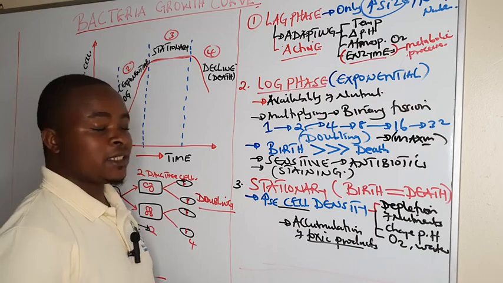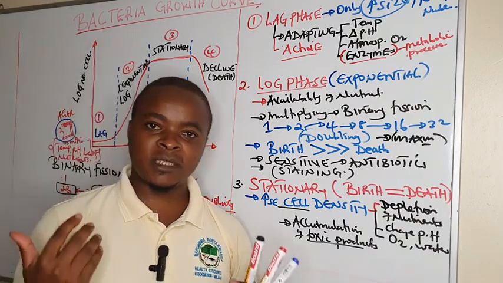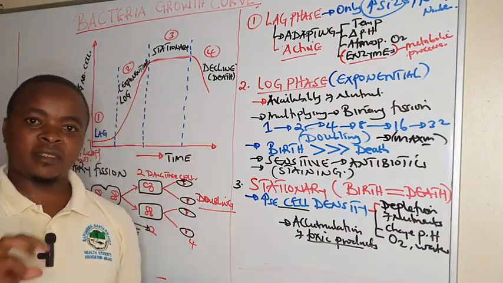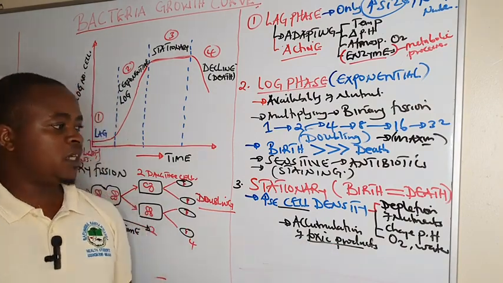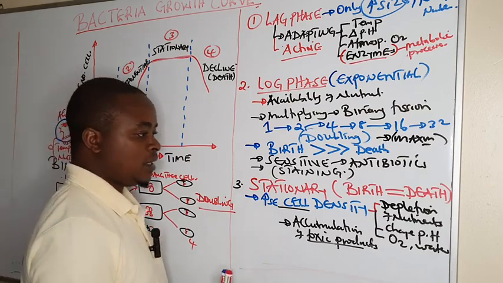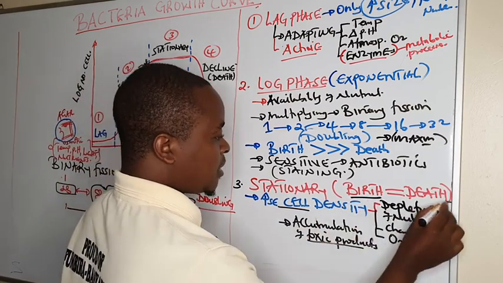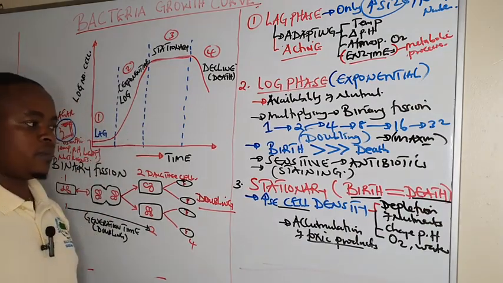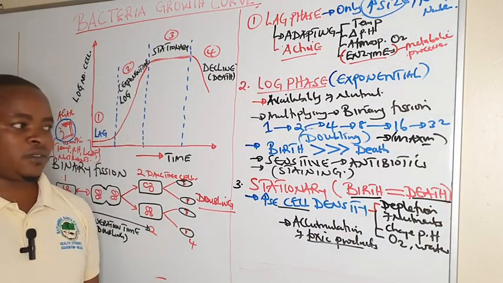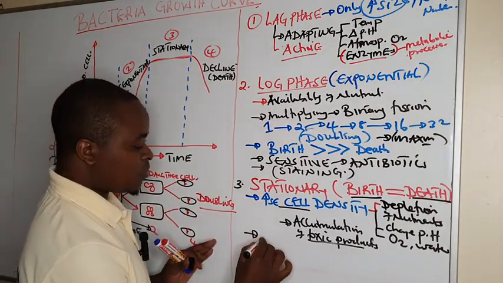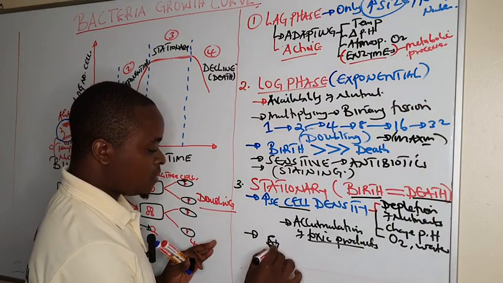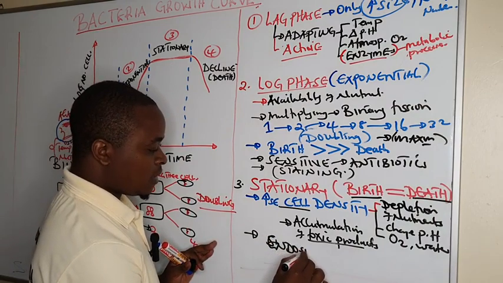So the bacteria stop multiplying, and some are being killed by these toxic products which are being formed. But the good news, we are saying the rate of birth is the same as death, and that is stationary phase.